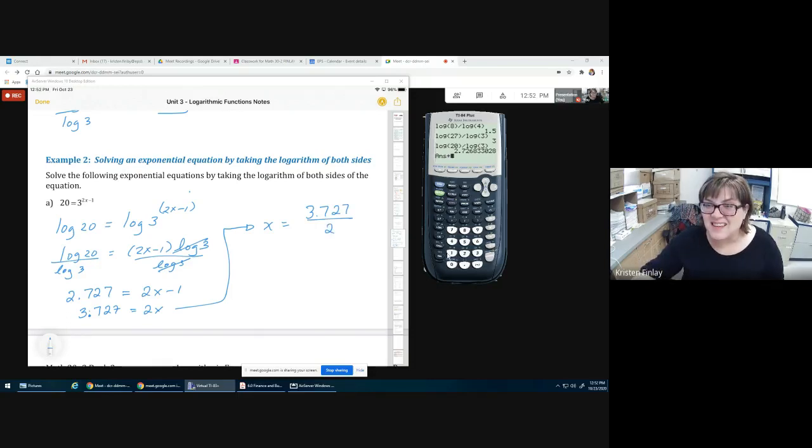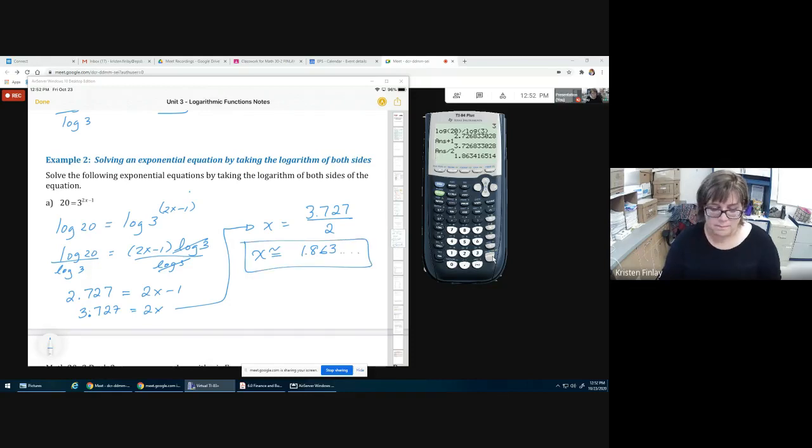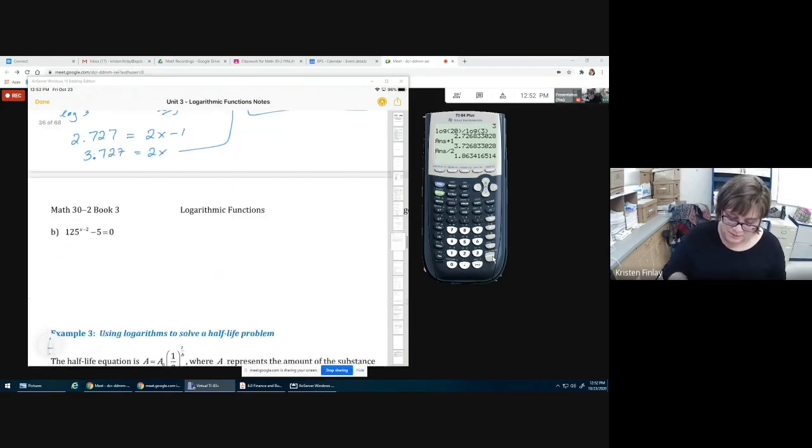So I'm going to add my 1 and divide by 2, and I'll get x is equal to 1.86 approximately. It doesn't say where to round it, so I'm going to put a 3 there. It's approximate because we're rounding, right? Because this had a continuation. But we got an answer. So you can use these logs to help you solve the problems.